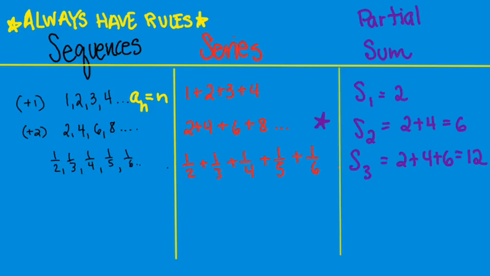On our second, I am doubling it, right? So whatever step I'm on, I'm multiplying by 2. First step, 1 times 2 is 2. Second step, 2 times 2 is 4. Third step, 3 times 2 is 6, and so forth. And on our last one, this was like one of our homework problems, I can see that I'm just adding 1 to the denominator, right?